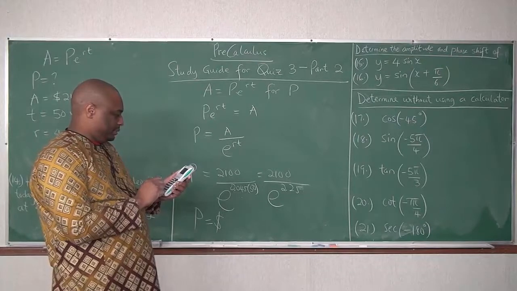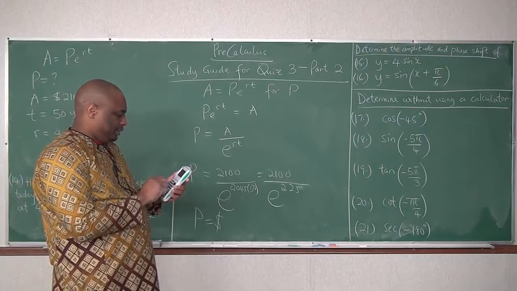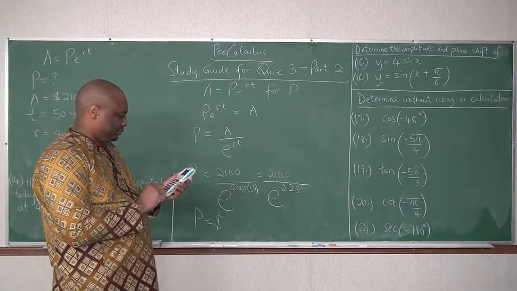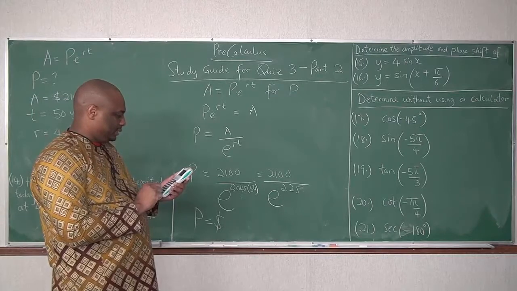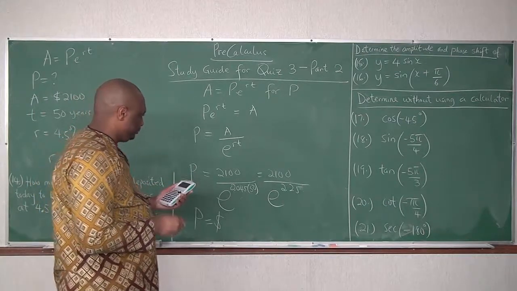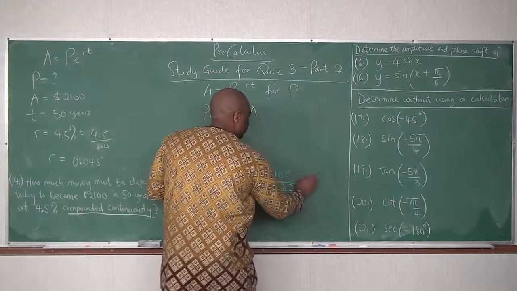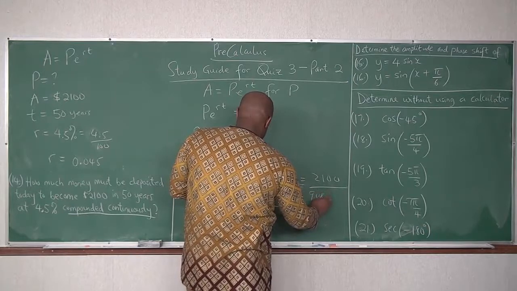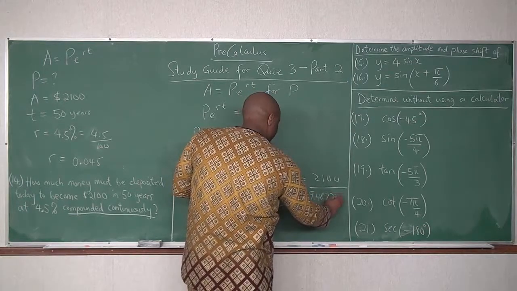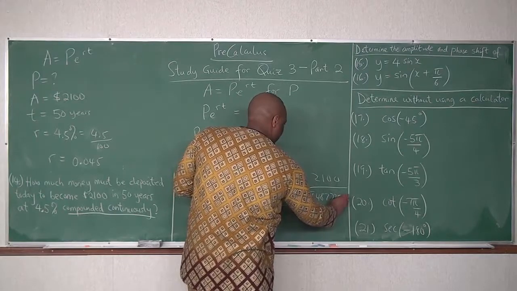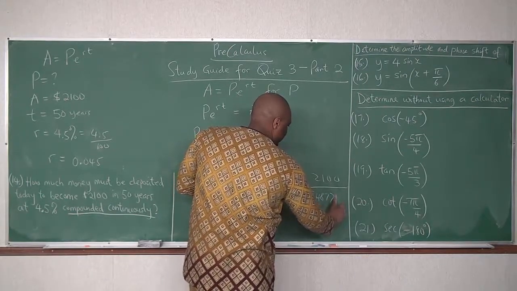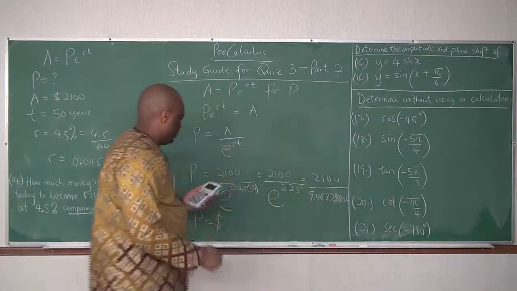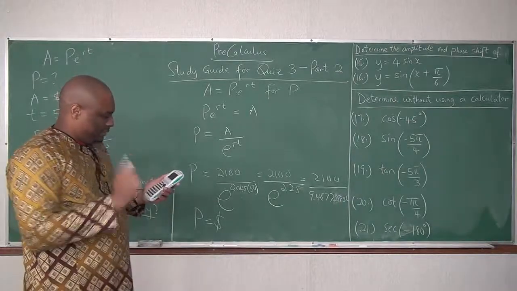shift e raised to power 2.25 is this. This is equal to 2100 divided by 9.487735836. Let's do it again.